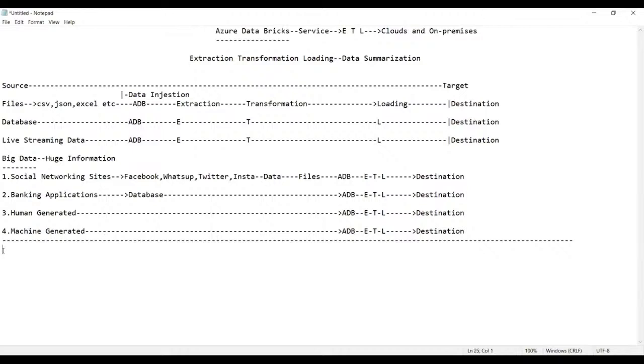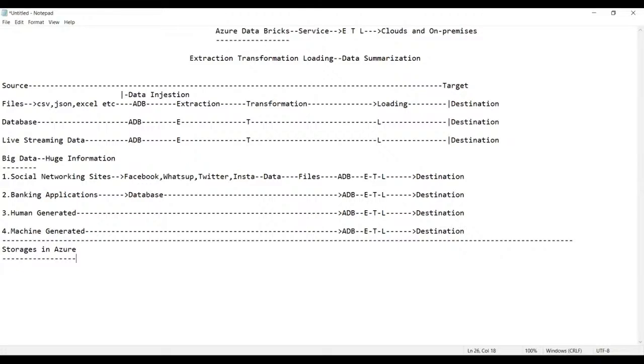These are the storages in Azure which we require to store the data. If you store the data in Azure, you can use it anywhere, guys.